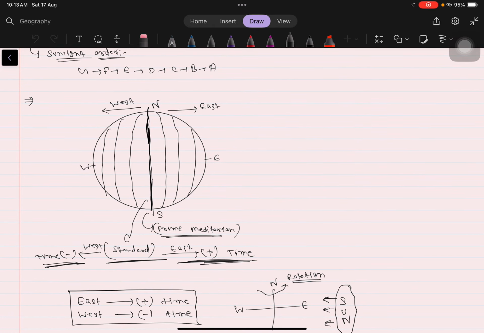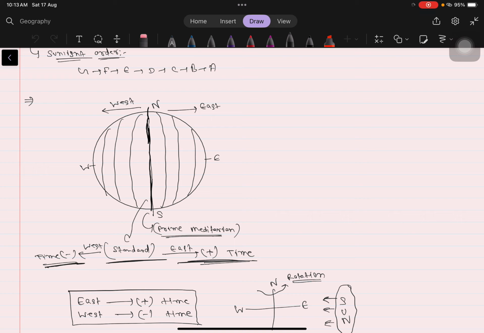So there is a general belief that when you move towards the east direction from the prime meridian, you generally add time, and if you move towards the west direction, then you generally decrease the time.